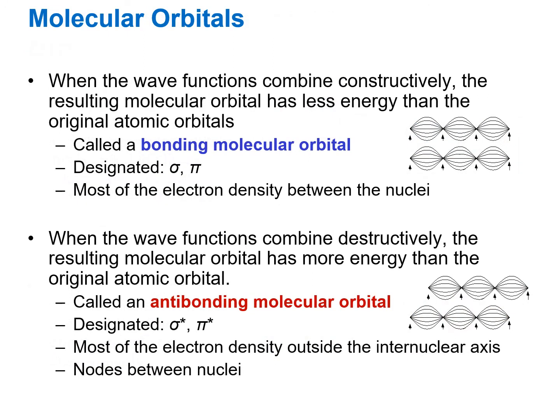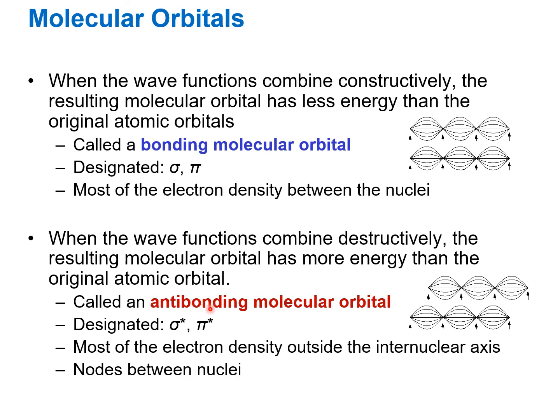So when we have the creation of a bonding molecular orbital, what essentially has happened is we have constructive phases of our waves between our electrons, and we're going to be able to find the electrons located somewhere between the nuclei of the two atoms that are trying to create a union.